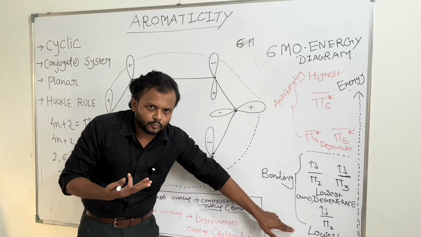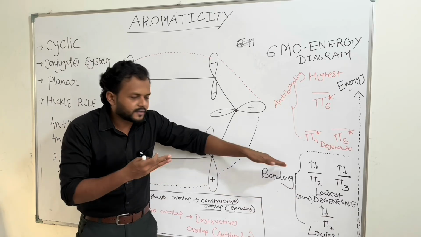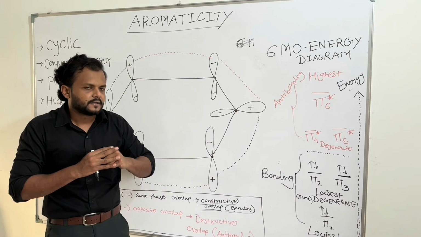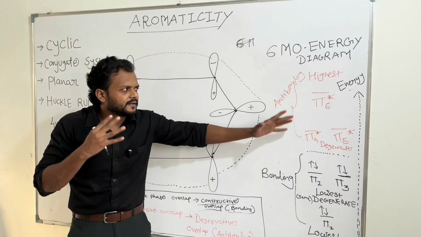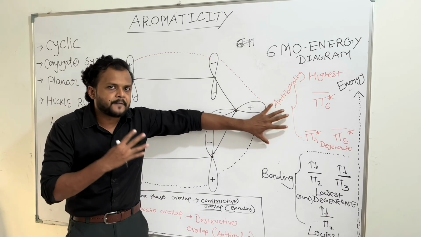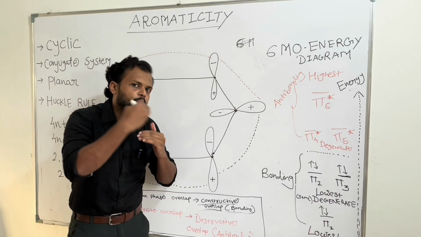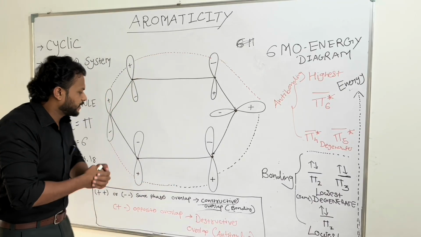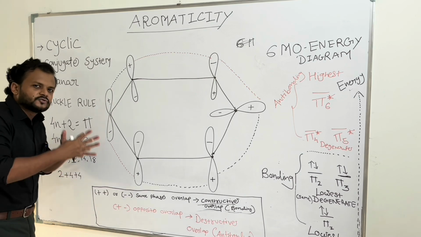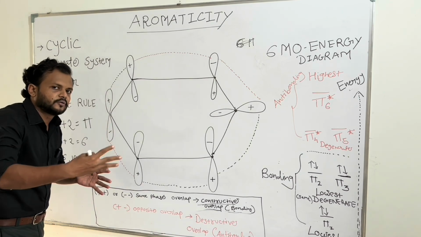How? 2 in the lowest, then 4 in the upcoming 2, and then 4 in the upcoming 2. Thus in that 10 pi electron compound, the antibonding orbital will remain empty, and because of that the compound will show aromatic character. Hence this pattern is very crucial. So 2, 6, 10, 14, 18 goes on and on for aromaticity.